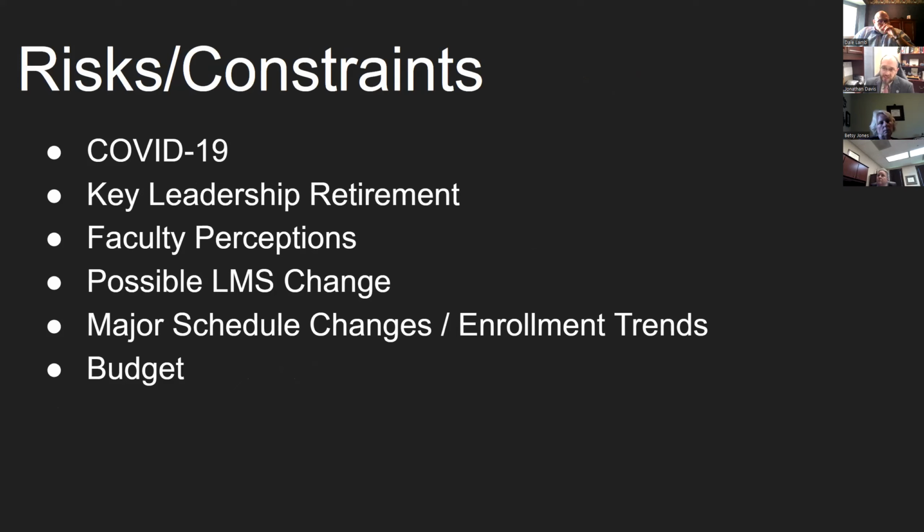Some of the risks and constraints to speak of: COVID-19 was a risk and a constraint, but I think it was also a launch pad for this project. This project during the pandemic was identified as the college's quality enhancement program, or QEP, through SACS.